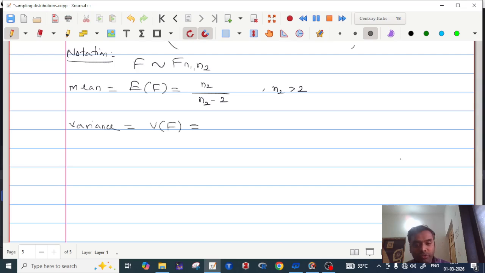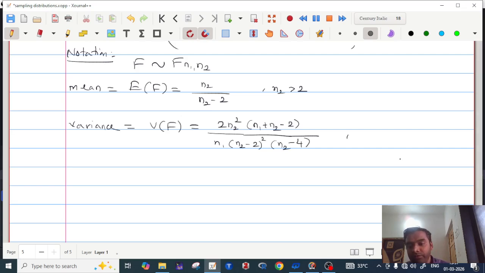Its variance is 2 into n2 square multiplied by n1 plus n2 minus 2, divided by n1 multiplied by n2 minus 2 square into n2 minus 4.